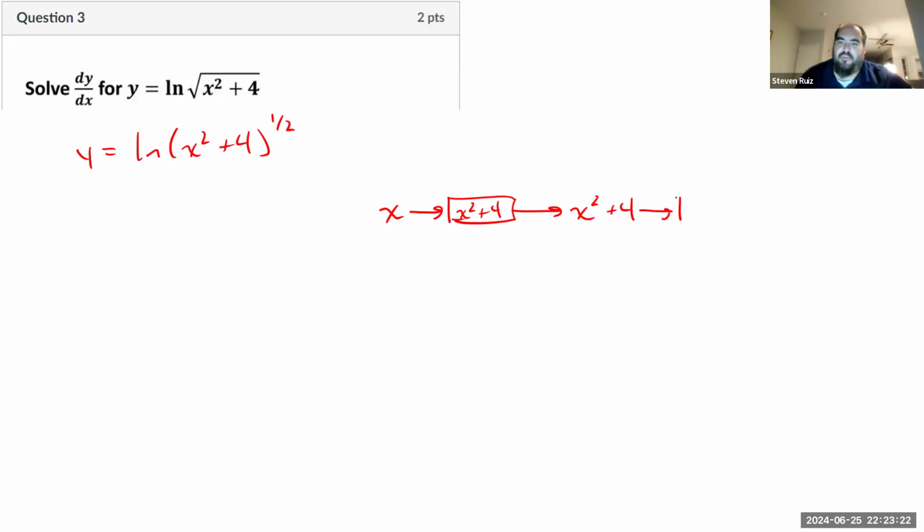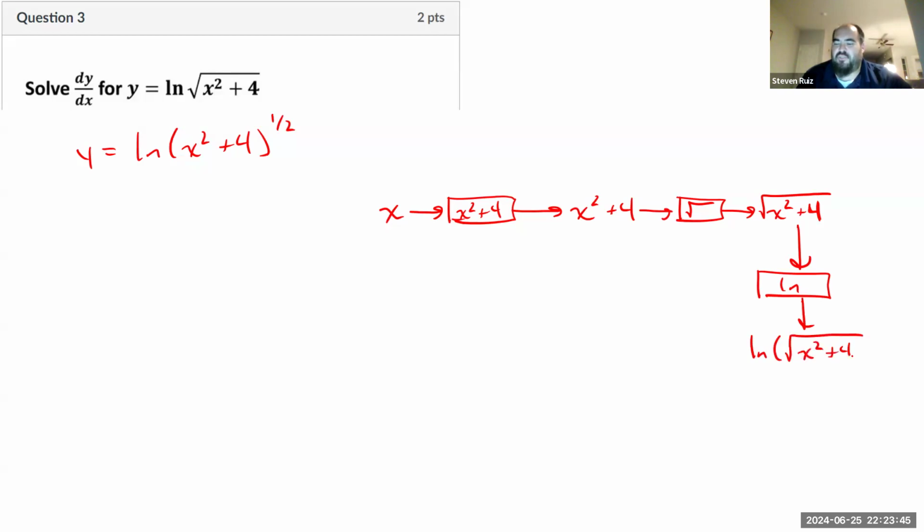Well, that's going to go through a square root function. And then that becomes the square root of x squared plus 4. But we're not done. There's a final thing that needs to happen, which I didn't leave enough room for. So let's do this. This is going to go through a natural log function. And what comes out of that is the natural log of whatever came in. So x squared plus 4.